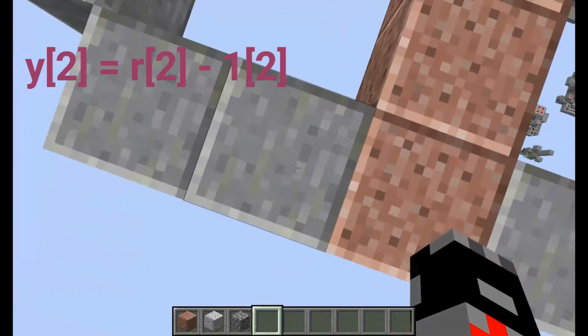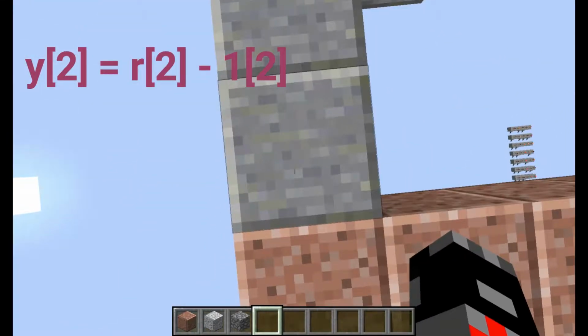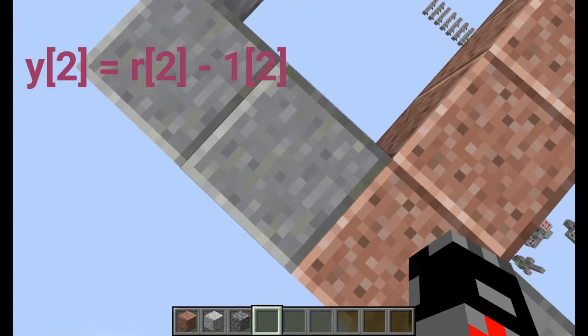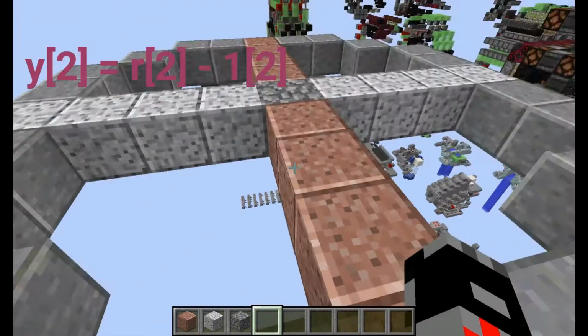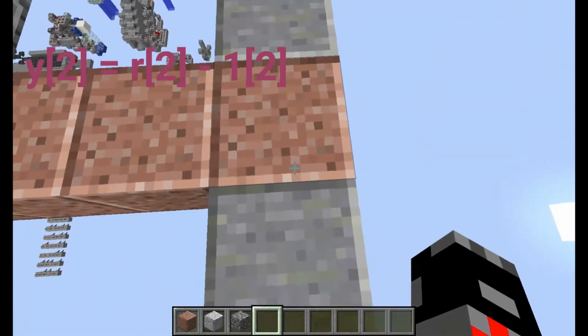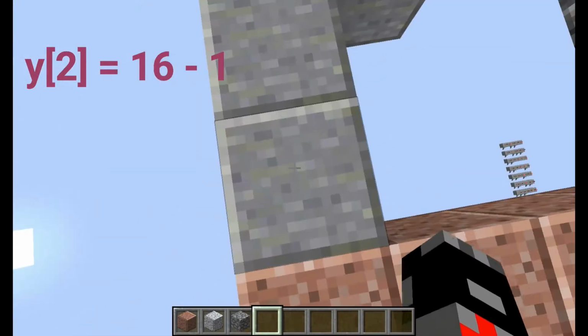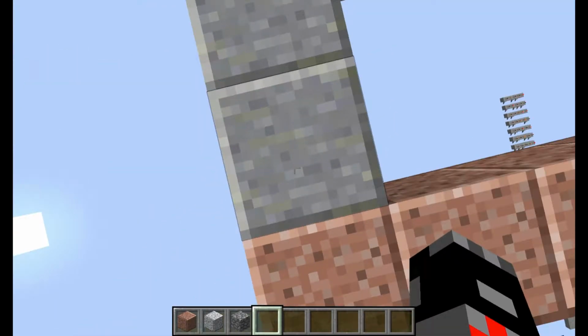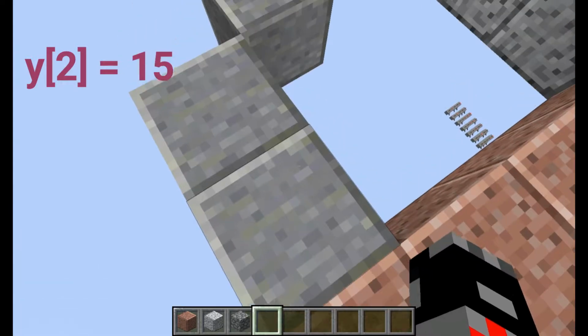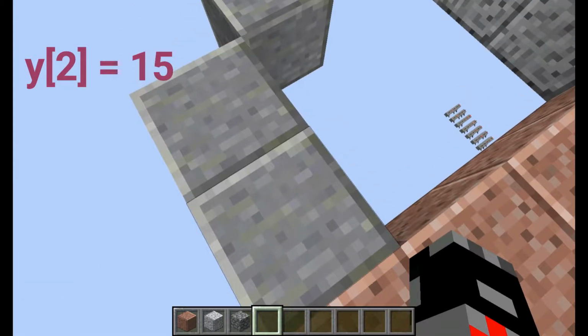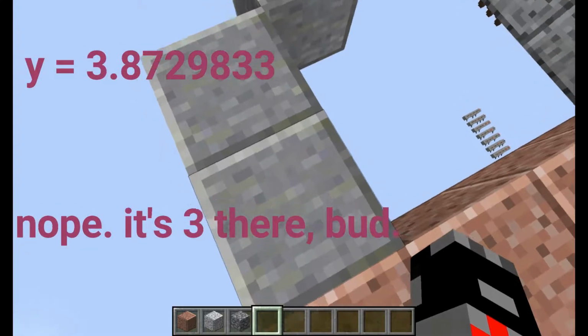In order to figure out that this is 4 blocks from here, you take your radius and square it. 4 squared is 16. And then you square your x value. 1 squared is 1. So now 16 minus 1 is 15. Take the square root of that, and you get a 3 with some decimals.